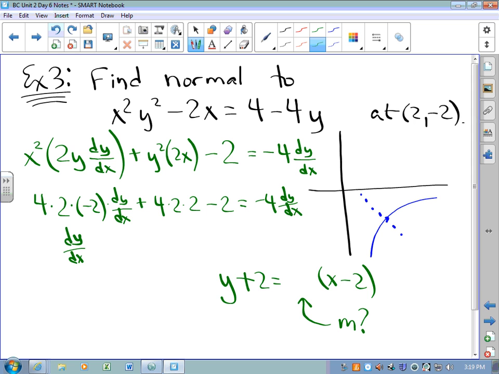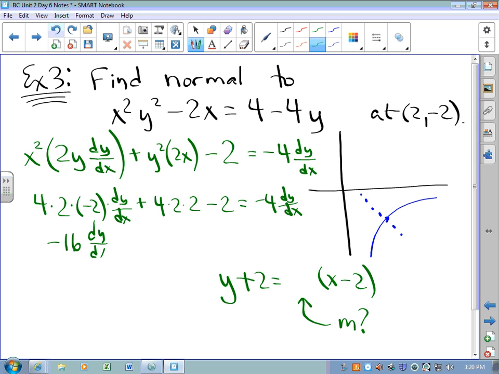That's negative 8 on this side. Kick it over to the other side. That'll give us 4 dy/dx's equals 14. What's that? 14 over 8? No, I'm totally wrong. Let's just do it. 4 times 2 times negative 2 is negative 16. That's the problem.